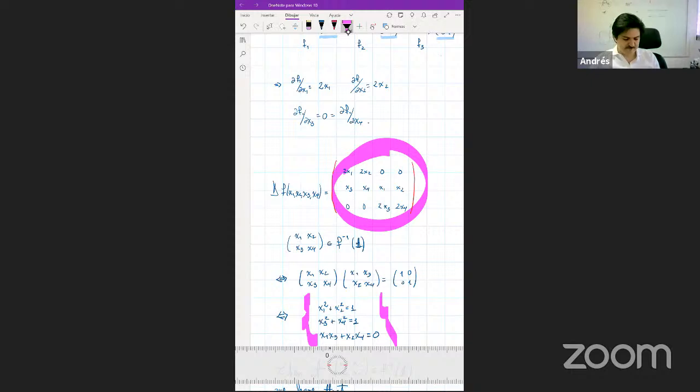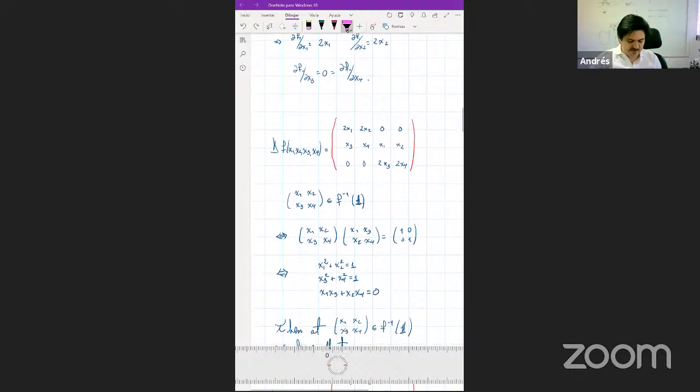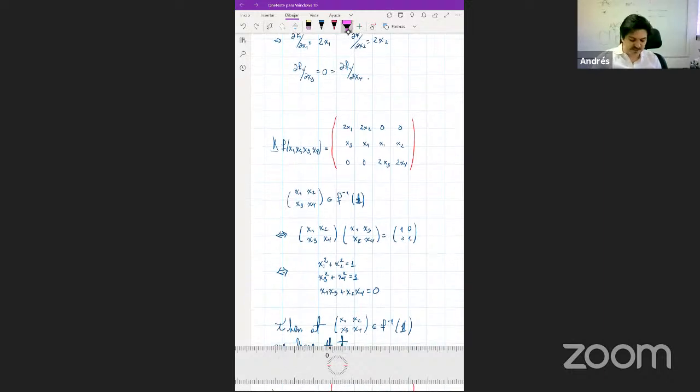This is something that you can work out. For instance, x1 and x2 cannot simultaneously be 0.